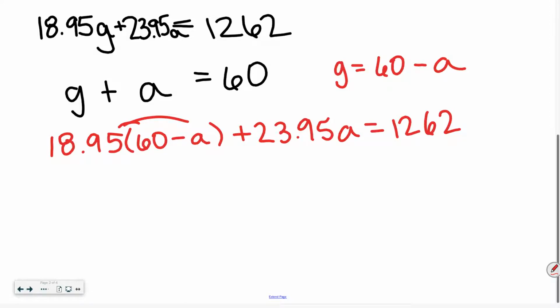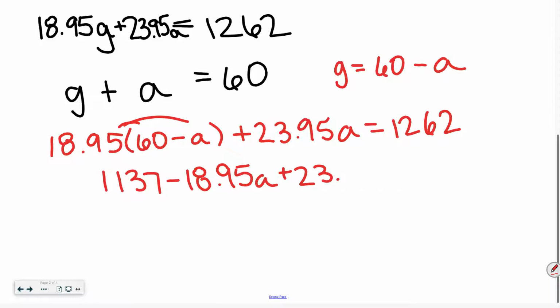What is 18.95 times 60? 1,137. Okay. So let's go ahead and combine these together.